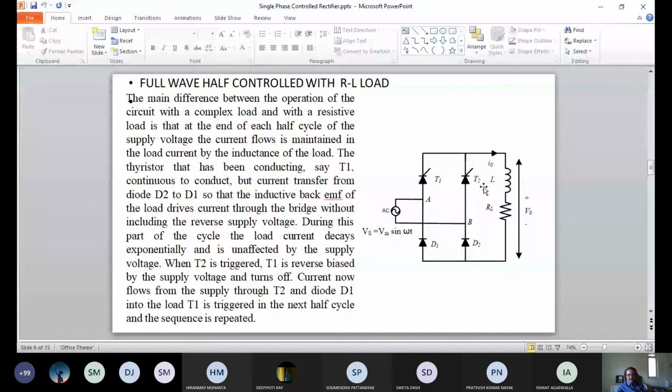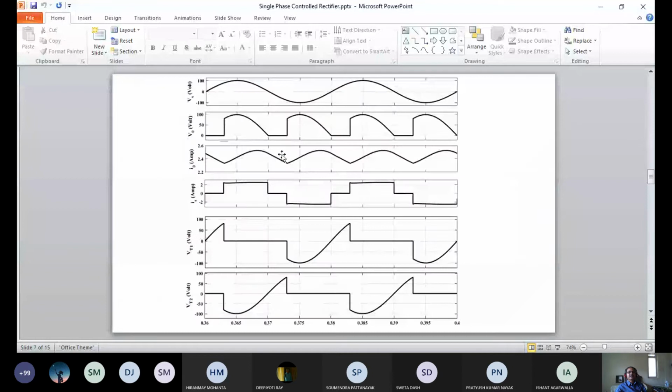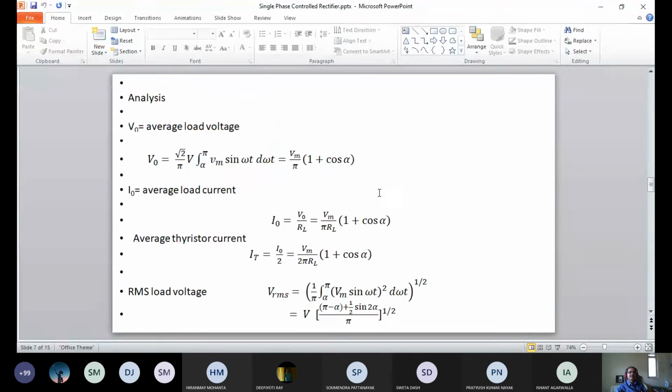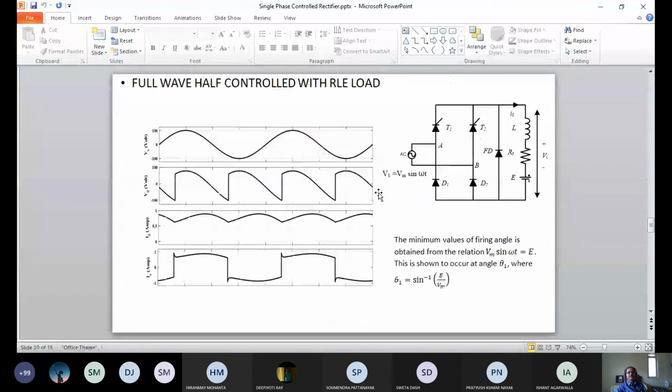The current will flow through the diode instead of this long path. So all the waveforms remain almost the same, except that because there is no voltage drop, the current magnitude may be slightly higher. Otherwise the analysis is all the same.